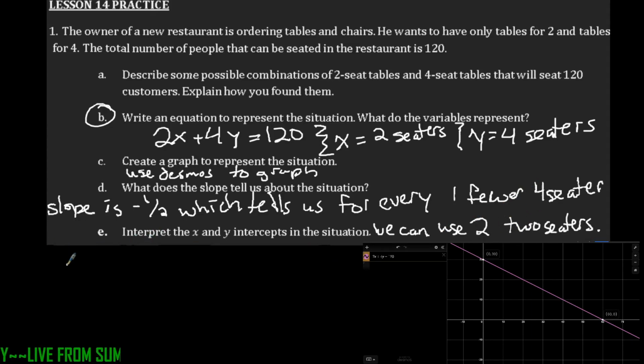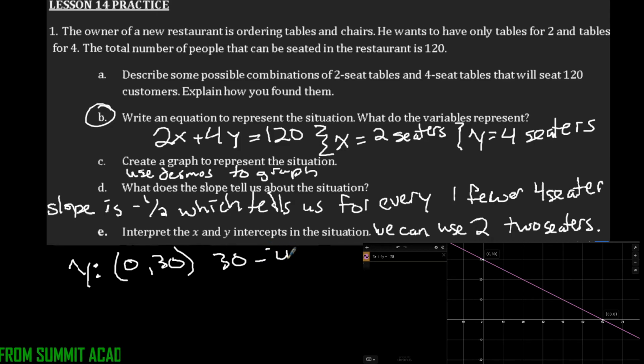And it says interpret the x and y intercepts. Again, y-intercept is going to be (0, 30), which means we can have 30 4-seaters.